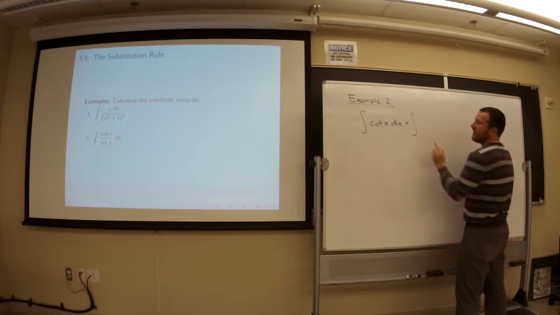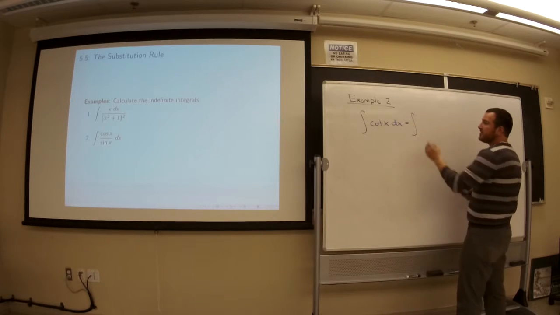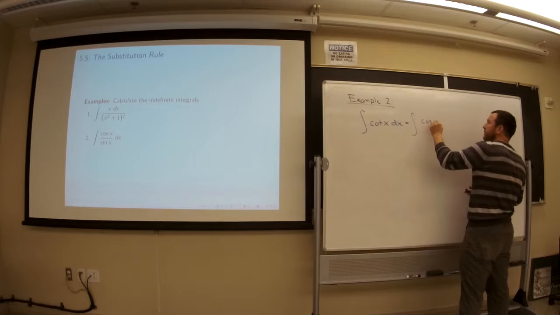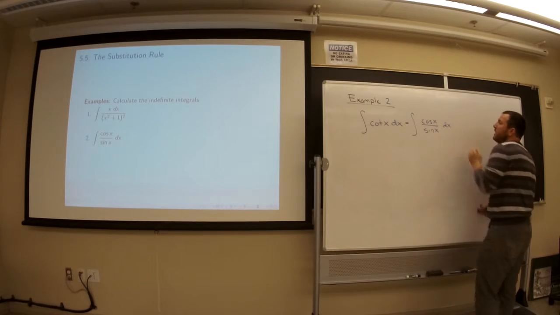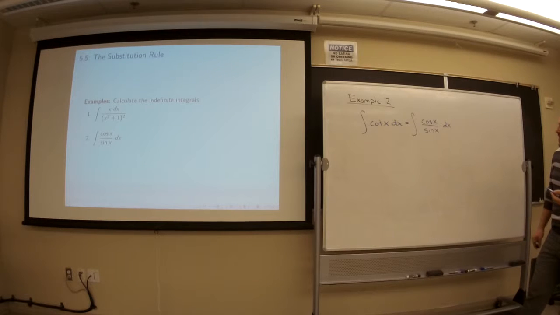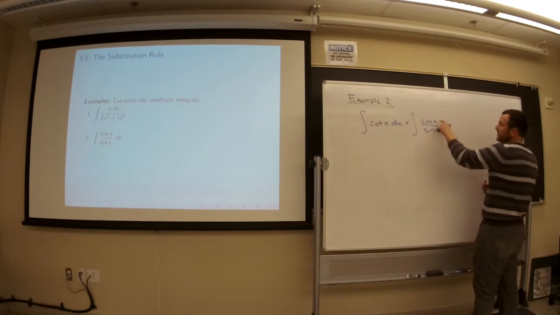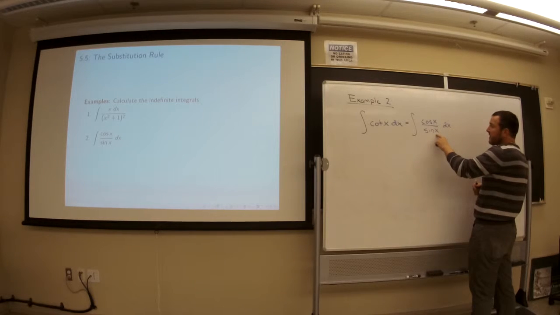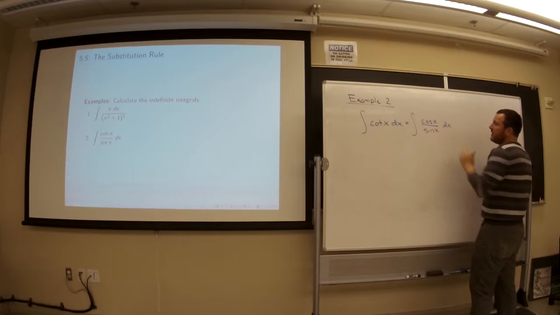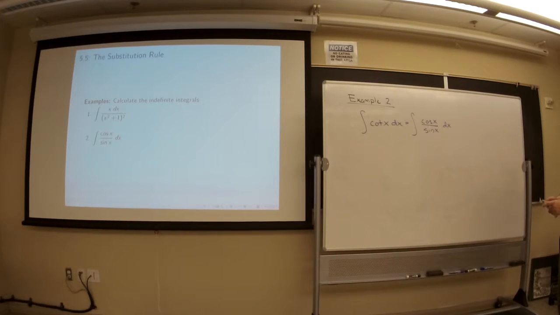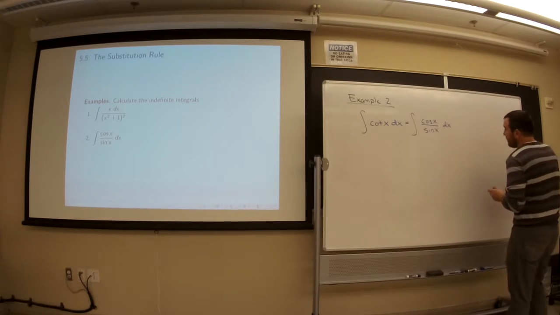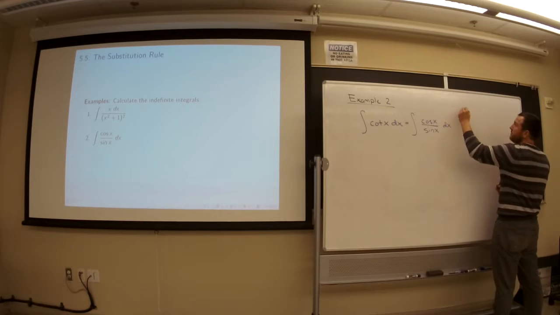Okay, so yeah, this is the integral of cotangent, which is cosine over sine. But written in this way is where you can see the composition of functions. So it's really the reciprocal function, 1 over sine x. So composition of 1 over x and sine x. That's what we're going to be undoing. So we want to set sine x equal to u, that's the inside function.